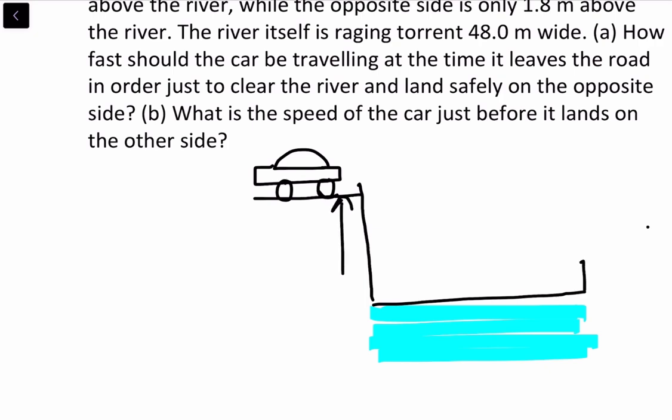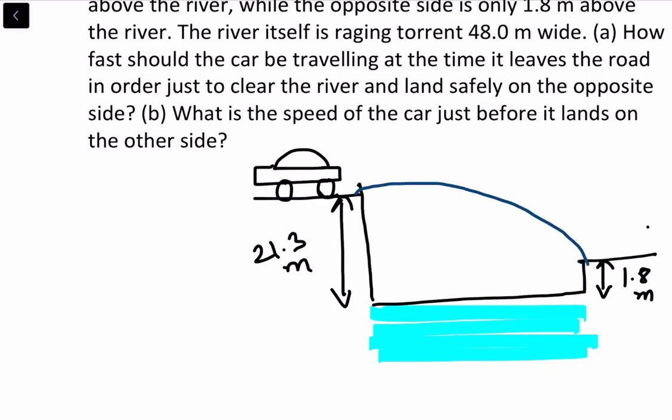But this side is at a height of 21.3 meters above the river, but the other side is only 1.8 meters above the river level. Now what this car driver wants to do is jump from here to here.